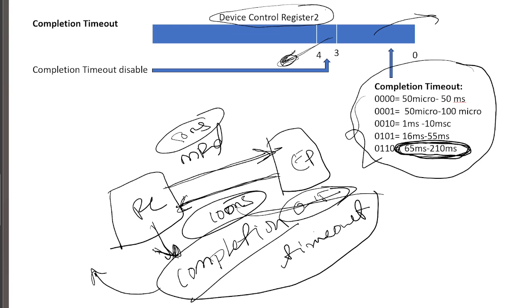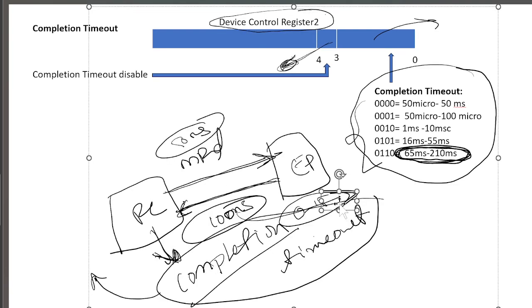So based on your requirements, you have to generate the completion timeout. This is the significance of the completion timeout: every packet has a time, and based on that time you will get completions. If you are not able to receive the packet in that particular time, you will see a completion timeout.